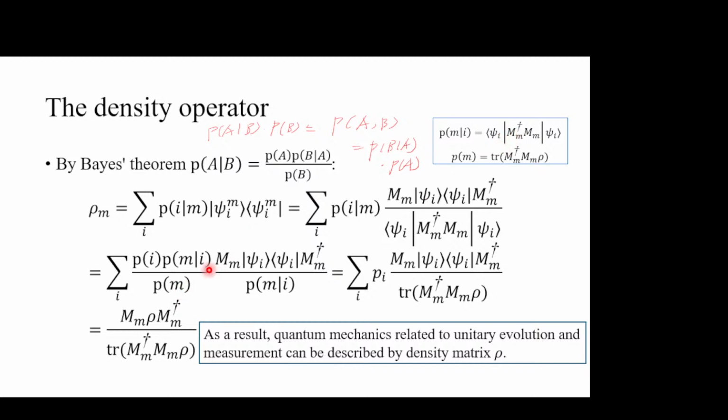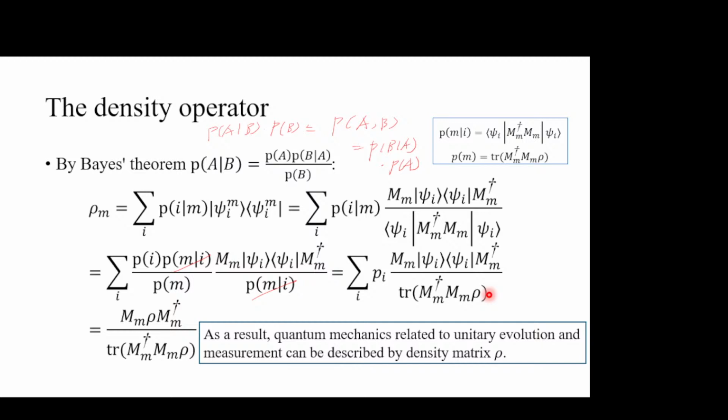We skip ahead a little bit, and we see that this inner product here is actually the same as the probability of m conditioned on i. So these two numbers cancel out: the most ugly term, this conditional probability, cancels out. Then we have the probability of i, and here we still have M|psi><psi|M dagger, and then p(m) equal to the trace of M dagger M rho.